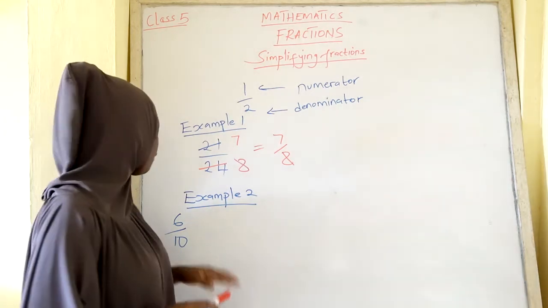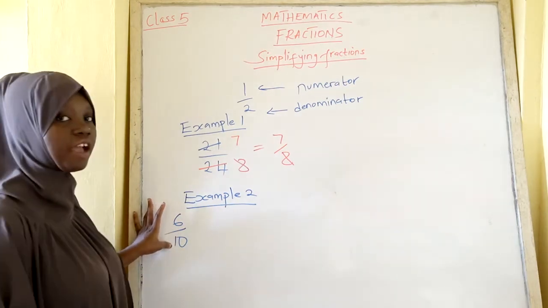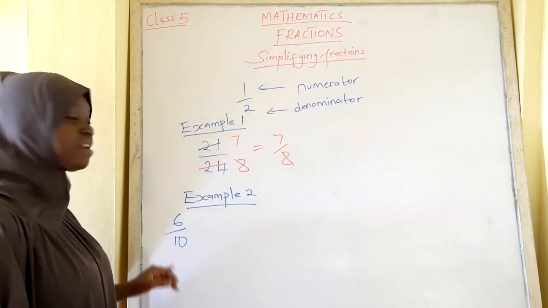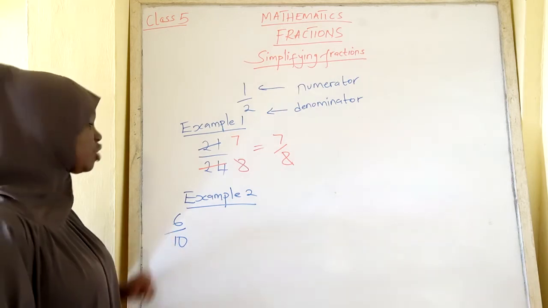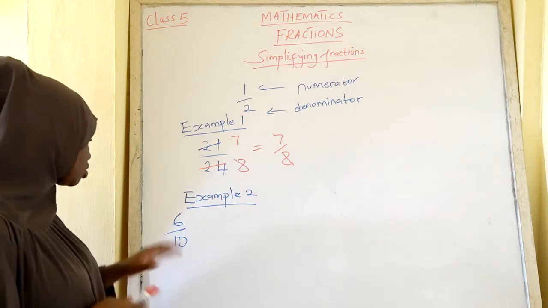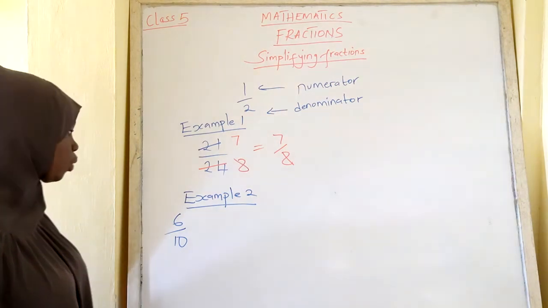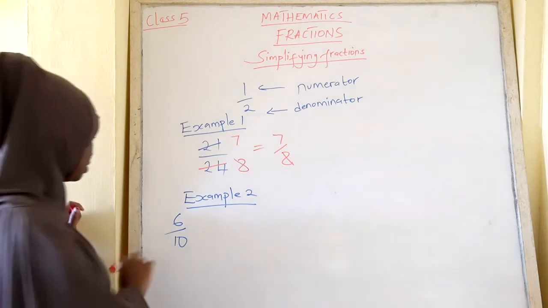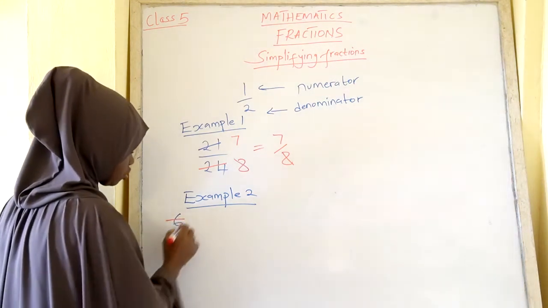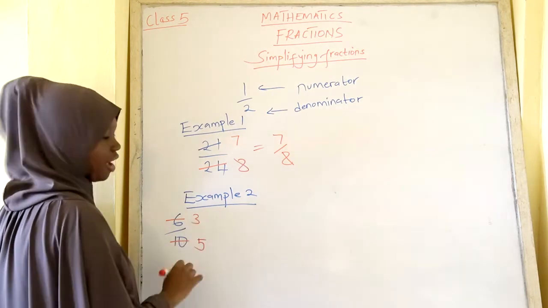So first of all, if you are given a fraction and you are told to simplify, you look at the common number that can divide both the numerator and the denominator. So here, a common number that you can divide 6 and 10 by will be 2, which will give us 6 divided by 2 will get 3, and 10 divided by 2 will get 5.